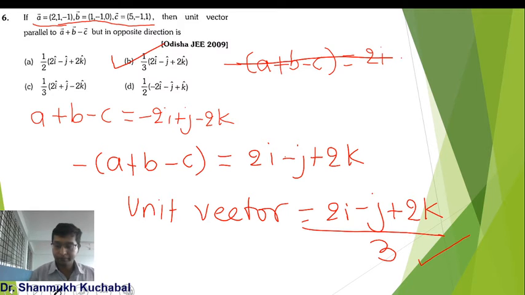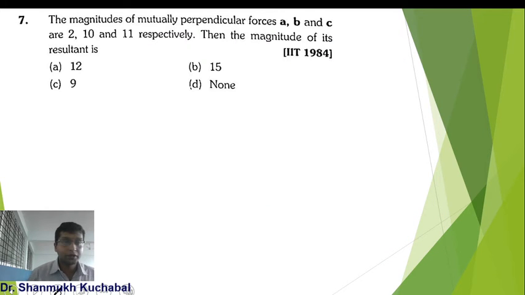Okay. Yes. Now you can take a screenshot. We'll move to our next example. Yeah. So example number 7. The magnitudes of mutually perpendicular forces A, B and C are 2, 10 and 11 respectively. Then the magnitude of its resultant is.